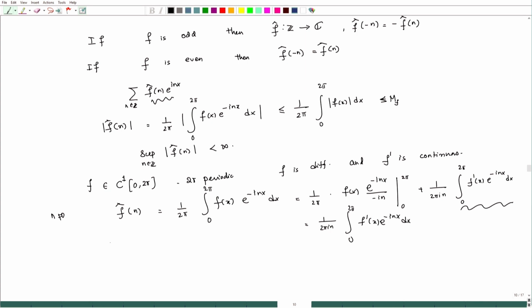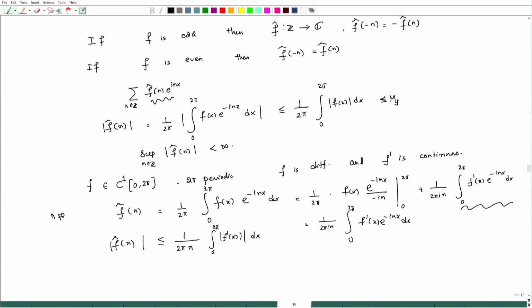Now, if I take the modulus of f hat of n, as you can see, this is less or equal to 1 by 2 pi mod n times the integral 0 to 2 pi of mod of f prime of x dx. Very interesting.